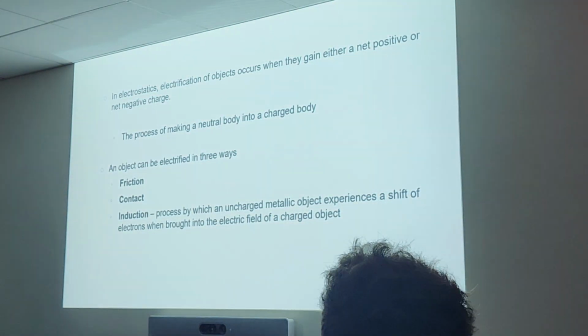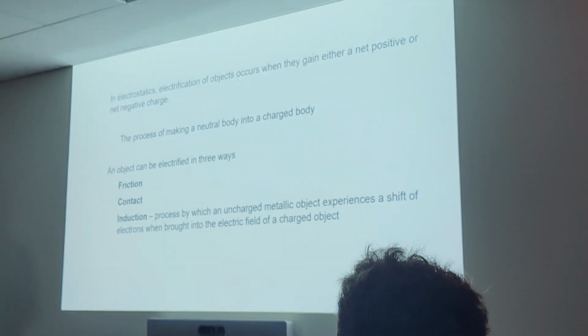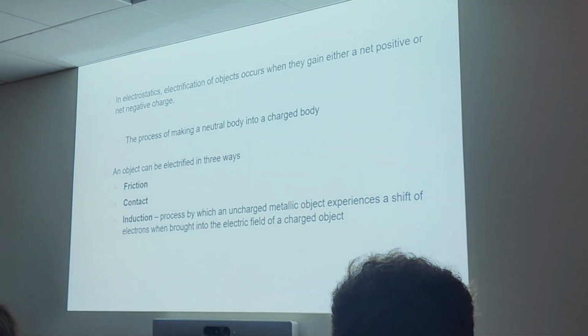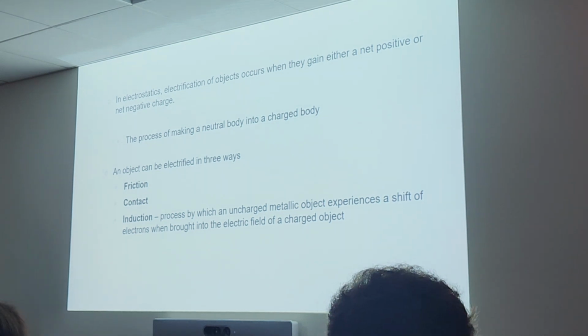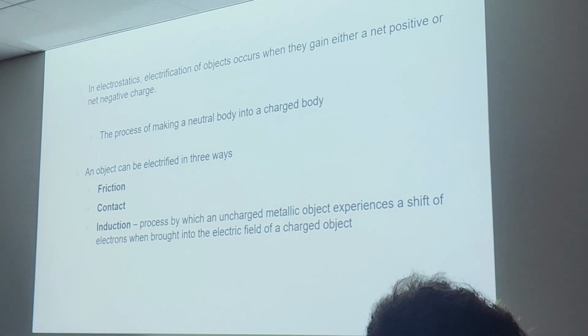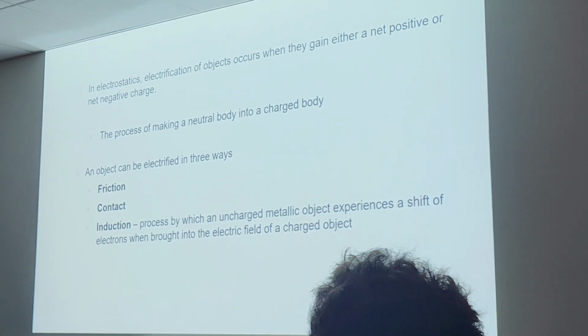All right, so in electrostatics, electrification of objects happens only when there's a net positive or a net negative charge. For example, a person rubbing a balloon on their hair. The process of making that neutral body, the person, into a charged body is electrification.